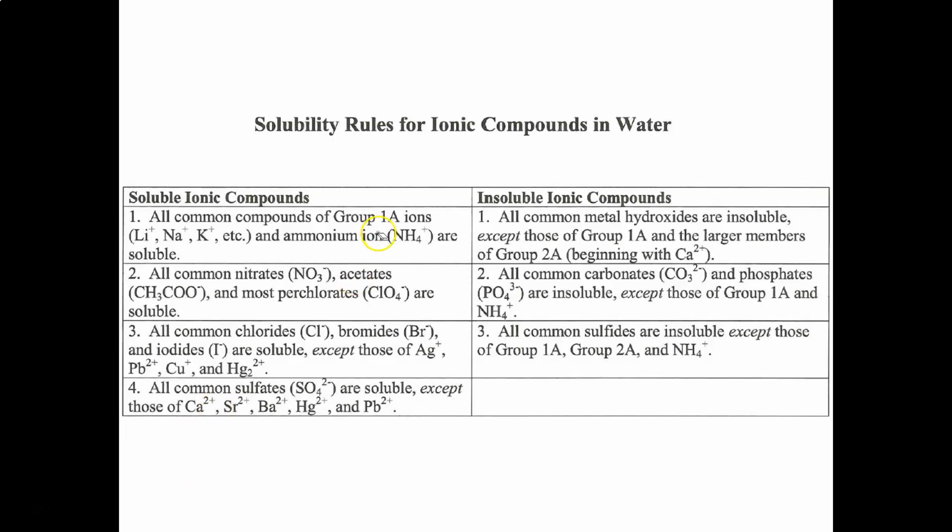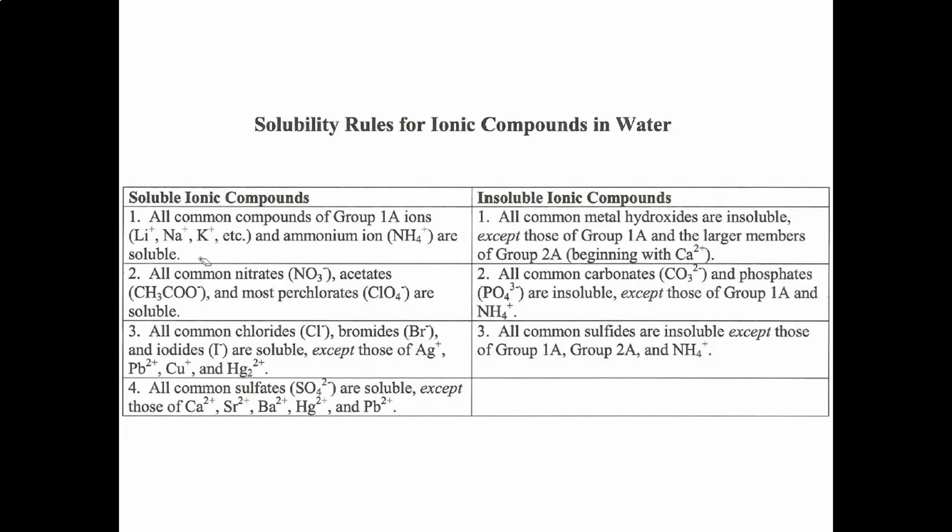So this is a series of rules that tells us whether ionic compounds are going to be soluble or not soluble. Okay. So for instance, it says that if you have a compound that has a group 1 ion in it, so any of the ions from group 1 on the periodic table, or it has ammonium in it, which is NH4 positive, then those ionic compounds are always soluble in water.